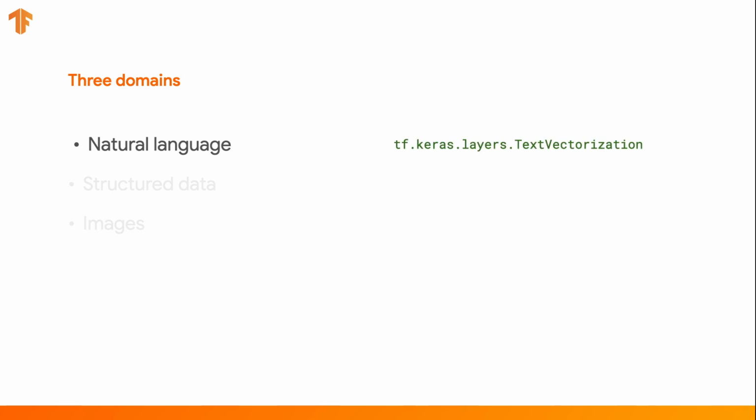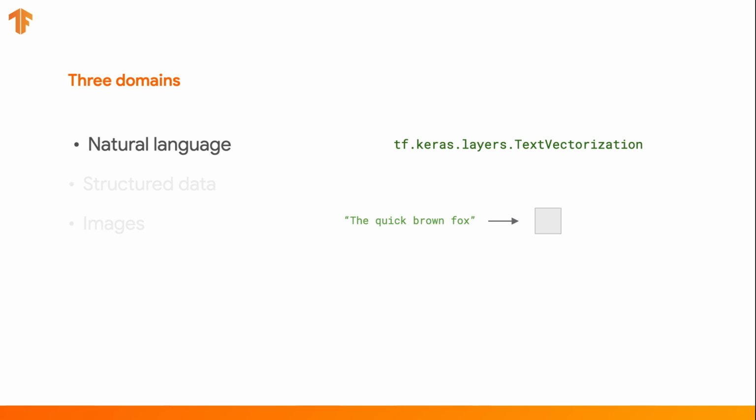The first thing we'll talk about is natural language, and we have just one Swiss Army knife of a layer here for dealing with natural language, which is called text vectorization. The idea with how this is going to work is it'll take in your input strings, which can be sentences, paragraphs, or documents in plain text, and it will split that document into a bunch of individual tokens.